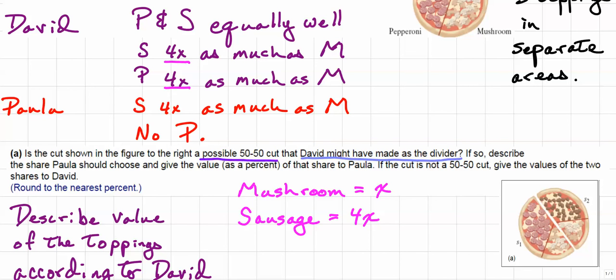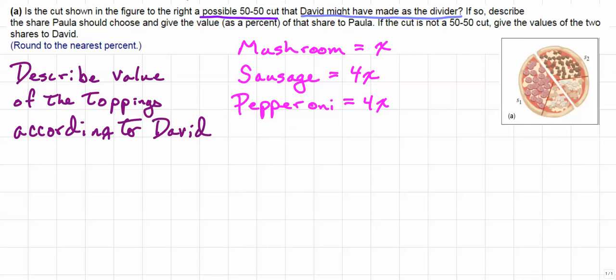Likewise, we can do the same thing for pepperoni. So now we can say that the total value, according to David, is equal to the sum of the values of the toppings. So mushroom plus sausage plus pepperoni, which will give us x plus 4x plus 4x, which will be 9x.